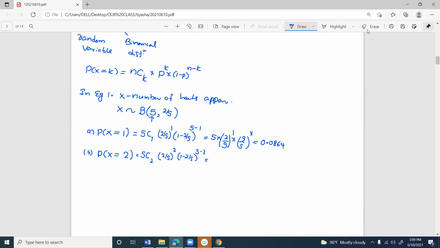Let's go ahead with this: 5C2 times (2/5) to the power 2 times (3/5) to the power 3. 0.3456 would be the answer for that. That's a way of obtaining the answer for this kind of question.